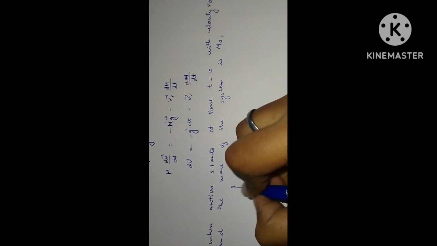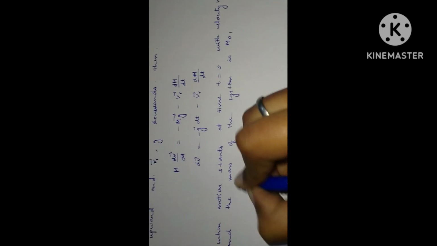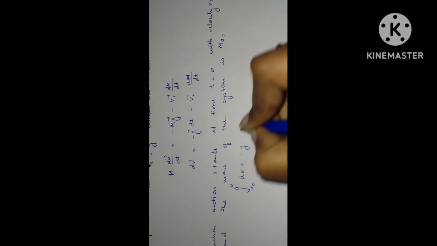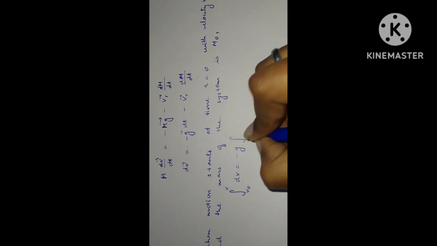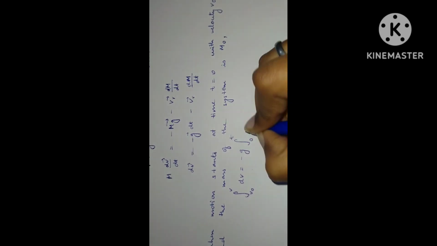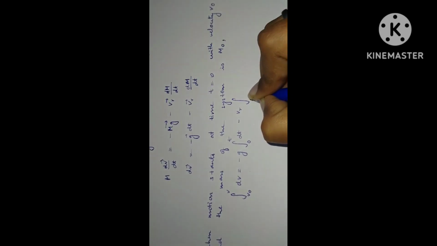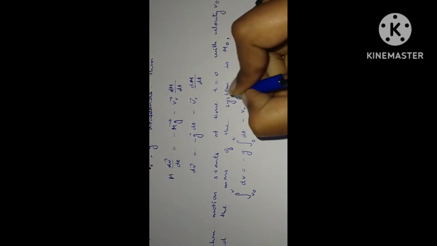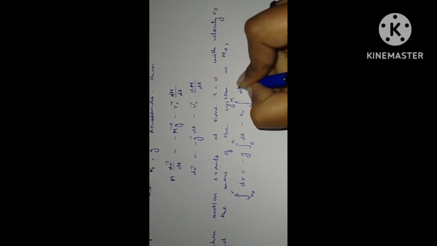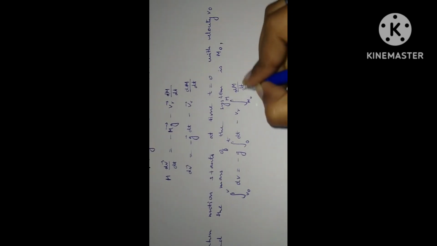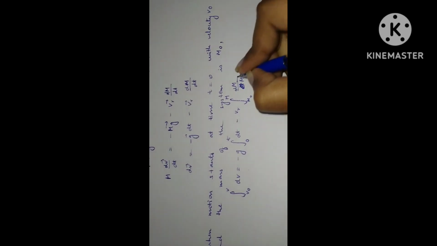So integration from v naught to v of dv equals minus g integrated from 0 to t dt, minus Vr integration from m naught to m of dm by m.